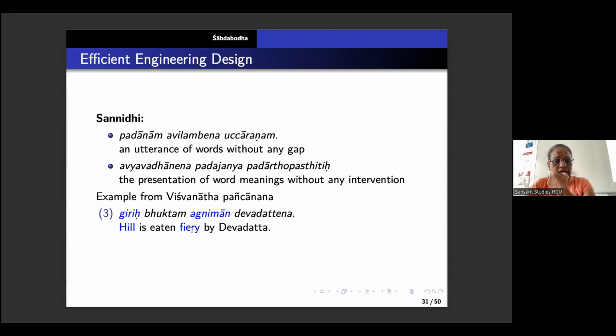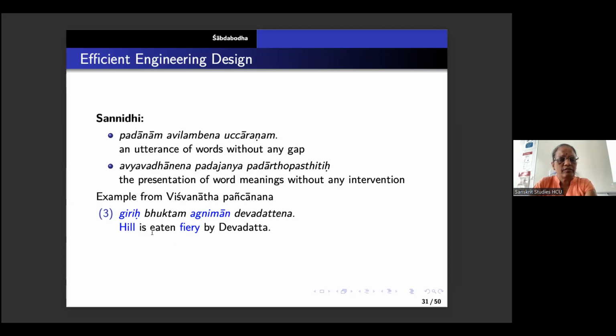This is what a person wants to say, but if he interchanges the words Agniman and Bhuktam, instead of saying Girihi Agniman, hill is fiery, and Bhuktam Devadattena, by Devadatta something was eaten, Devadatta has eaten something, instead of saying these two, he intertwines these words and then you get such a sentence.